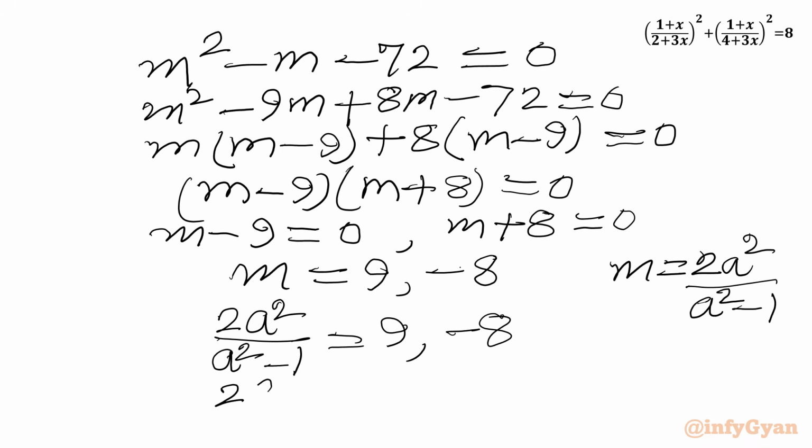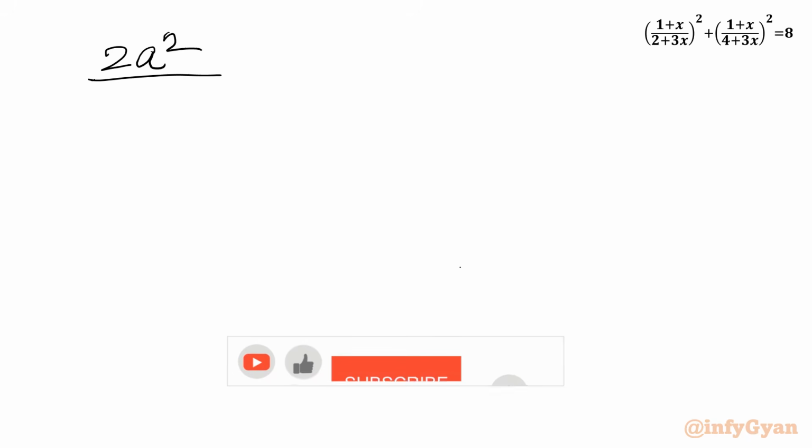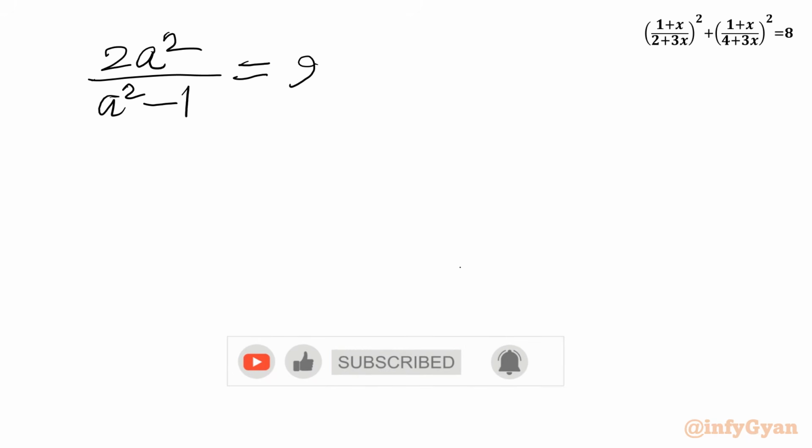I will write here 2a square over a square minus 1 equal to 9, and 2a square over a square minus 1 equal to minus 8. So we'll solve first equation over here. 2a square over a square minus 1 equal to 9.